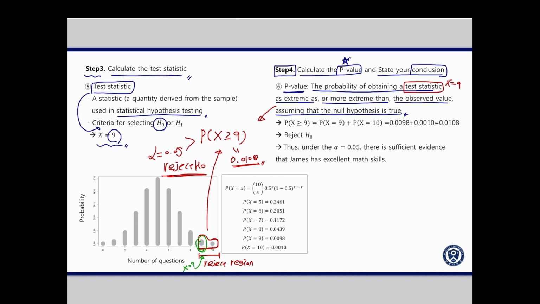Okay, in conclusion, at the significance level alpha equals 0.05, we have sufficient evidence to conclude that James has better math skill than other students. Okay.